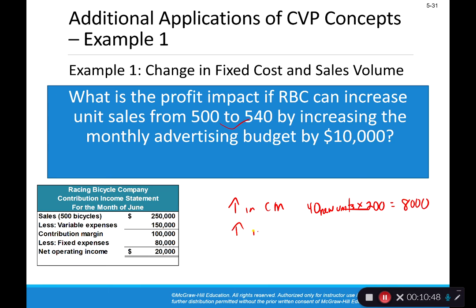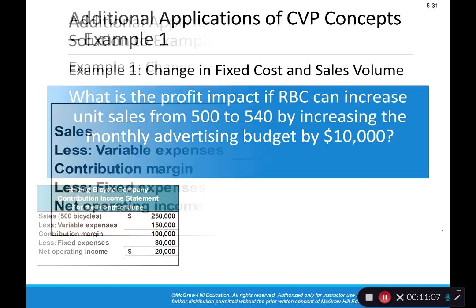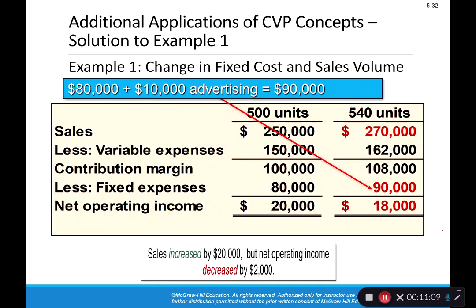And then I have an increase in fixed costs, which is the additional advertising, of 10. So the change in NOI is going to be an increase in CM minus the increase in fixed cost, so a negative $2,000. To prove that, we can recreate everything.